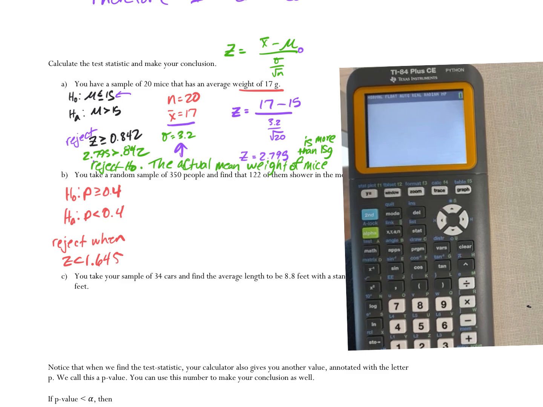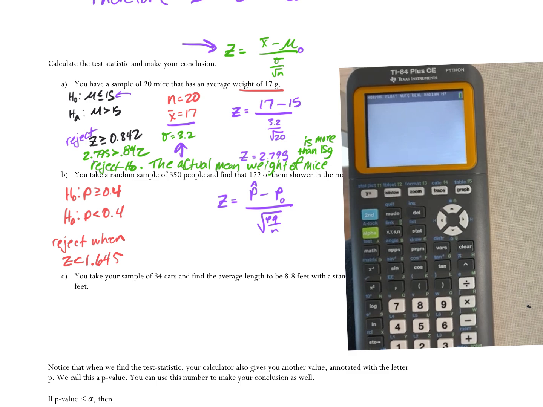Okay, so this is how we calculate the z-score for means. For the p-hats, or for proportions, we do p-hat minus the p of the null hypothesis divided by the square root of p q over n. And again, that formula is also on that formula sheet.